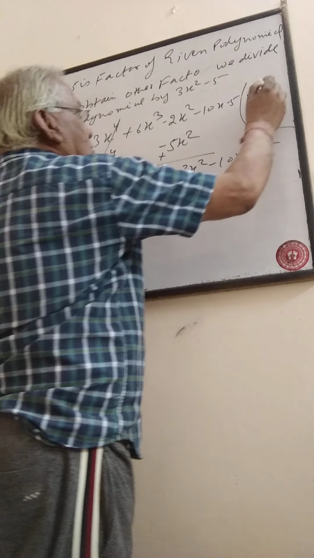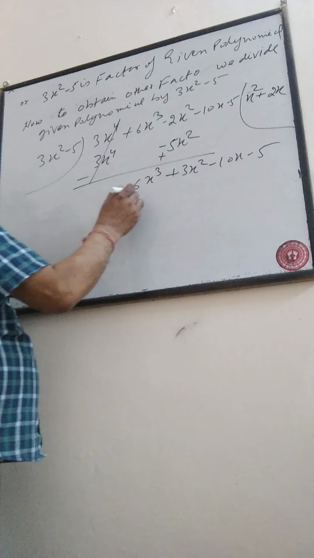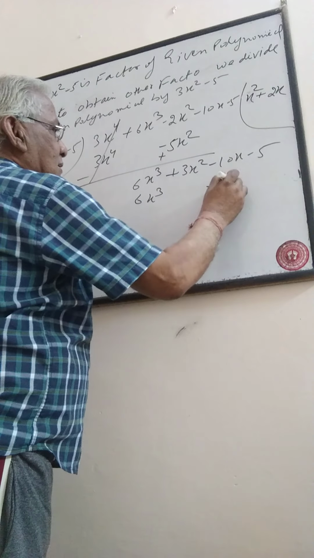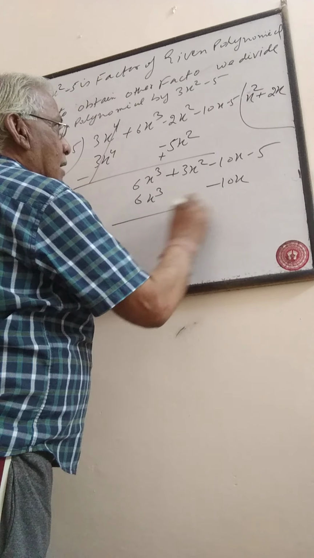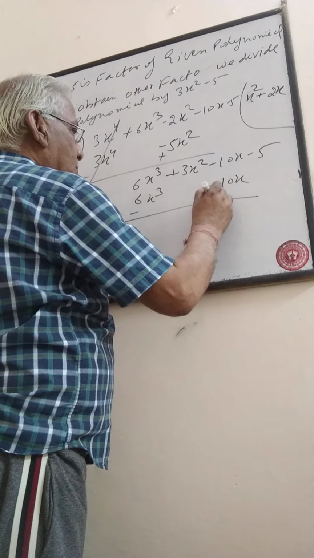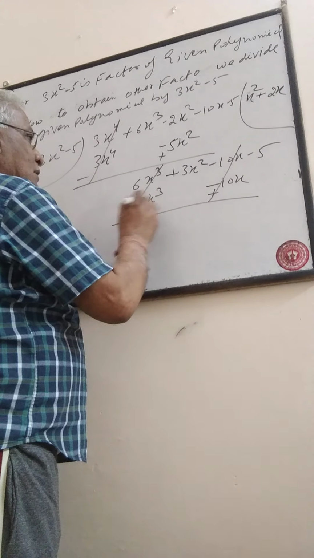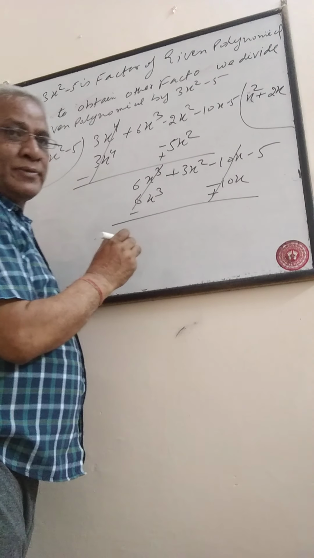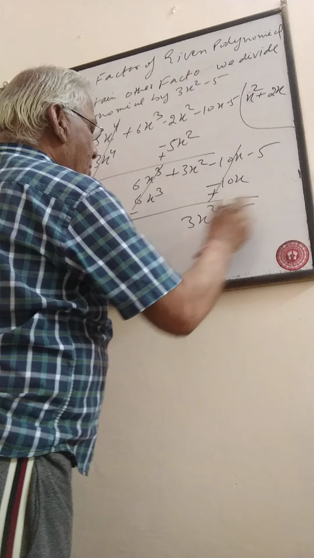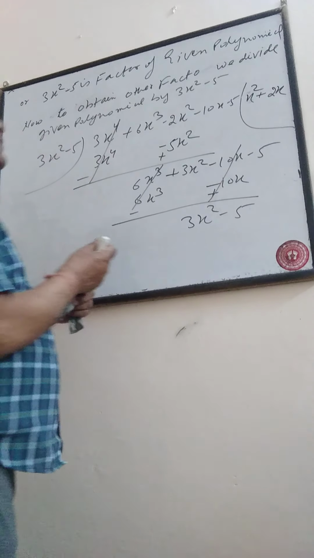3 twos are 6, so 2x. So 2 threes are 6x cube, 2 fives are 10x. And now change the sign, these two cancel, and you are left with 3x square minus 5, same as the divisor.